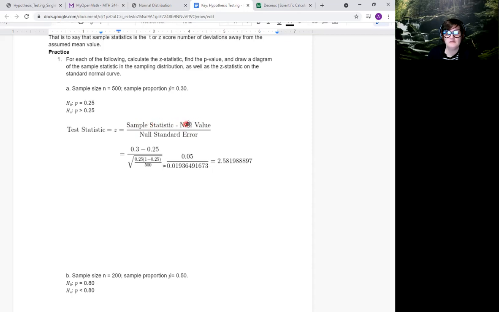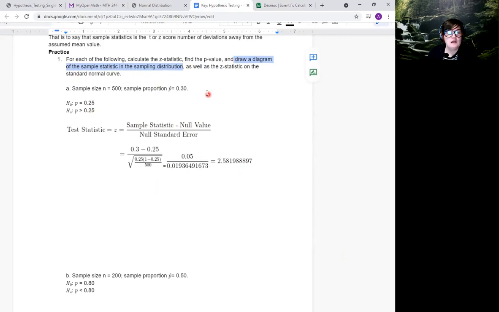We are asking, what is the distance between the null value and the sample statistic? Now, the null value is where we are assuming, maybe actually, let's draw the diagram of the sample statistic and the sampling distribution. Let's actually do that one first. And then that'll make sense as to what we're doing with our Z statistics.